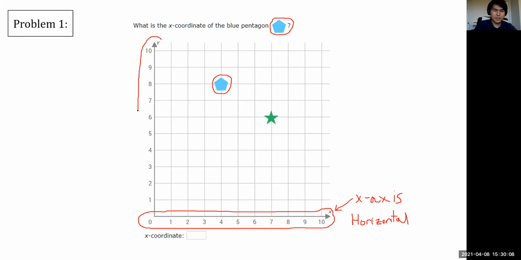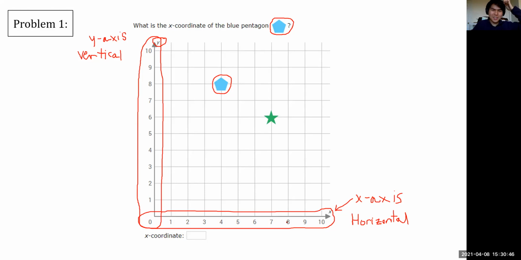The other line right here that runs straight up with an arrow at the end of it, similar to the x-axis, is the y-axis. The y-axis is what you would call a vertical line, meaning that it runs straight up. Again, to reiterate, the x-axis is horizontal because it runs straight across.